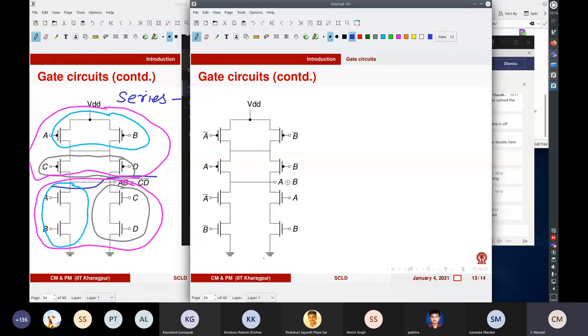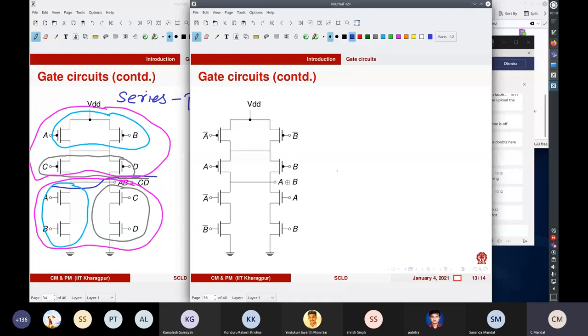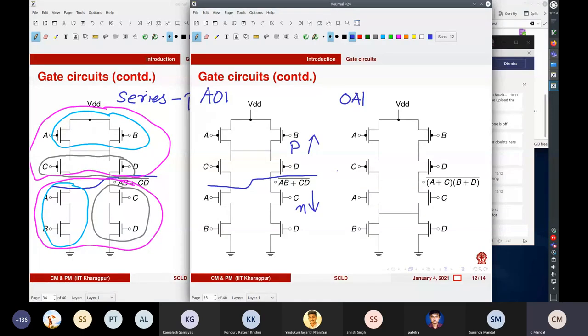Okay, so let me tell you how you can check a little more easily. If you have noticed earlier, all of the gates that you studied earlier had a complementation, right?